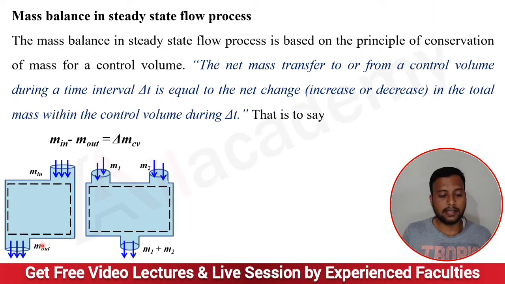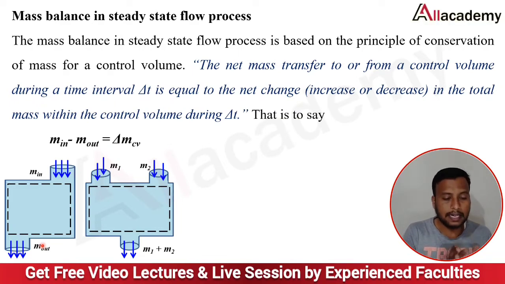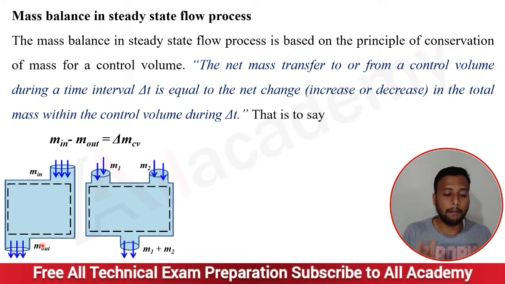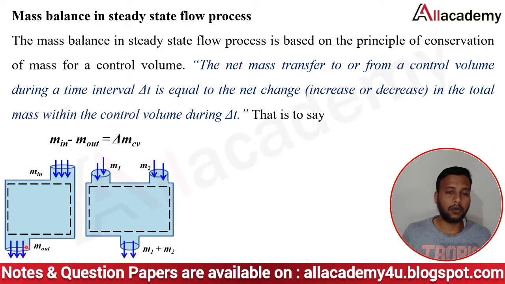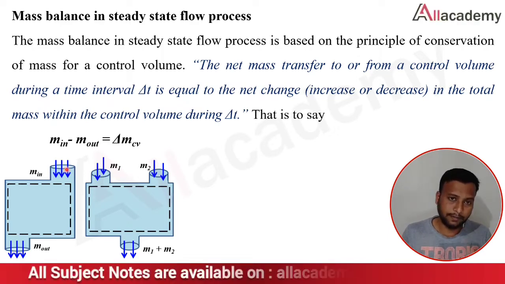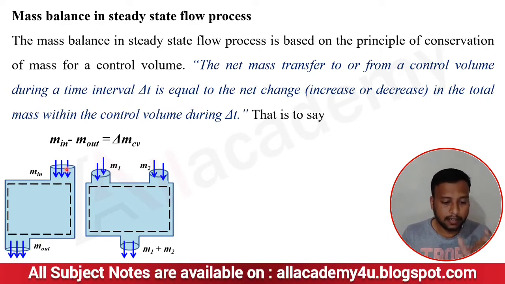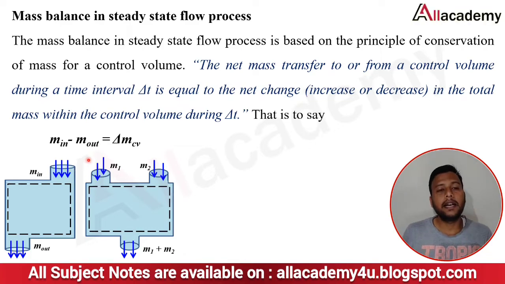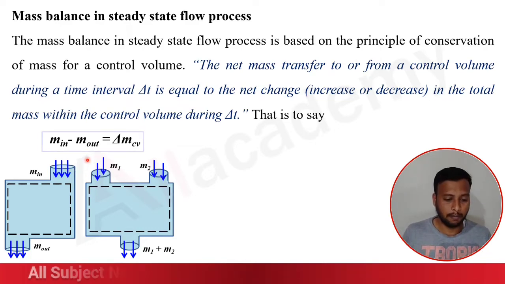So it says that whatever the mass inlet minus the mass outlet will be our delta m. So that is delta m. If I subtract the mass outlet from the mass inlet, it is nothing but the difference between the inlet mass and the outlet mass.